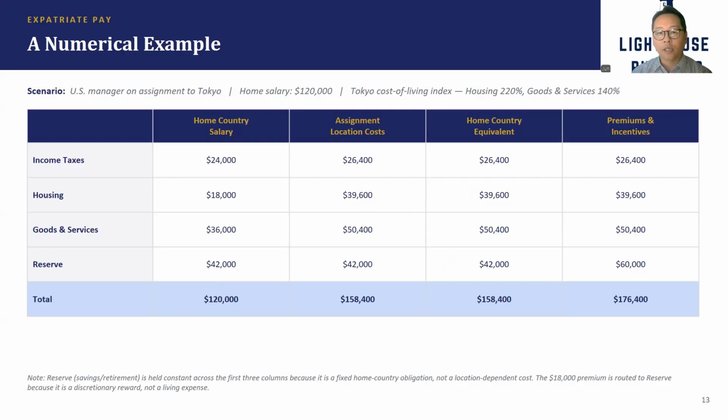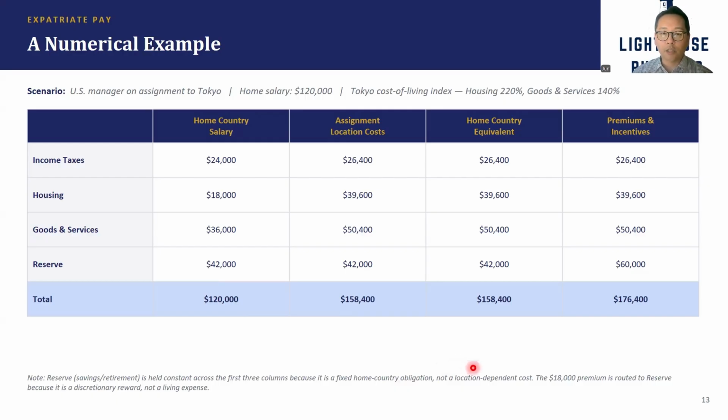Tax goes slightly up to $26,400 because Tokyo's marginal rate is a bit higher. Reserve stays flat at $42,000 because the saving and retirement contributions don't really change just because you moved, right? That's a fixed obligation, not a cost of living.